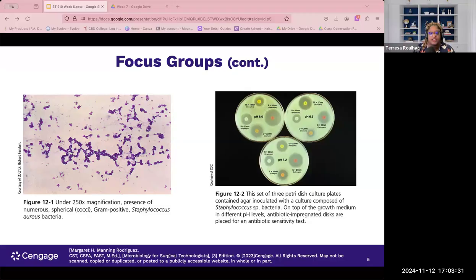Gram-positive bacteria, if you remember, have thicker cell walls. They retain that purple dye, crystal violet, throughout the entire staining process. They appear dark blue or purple under the microscope. Gram-negative bacteria have thinner cell walls with an outer lipid layer.